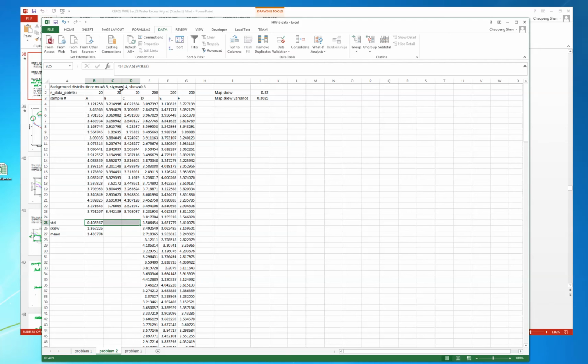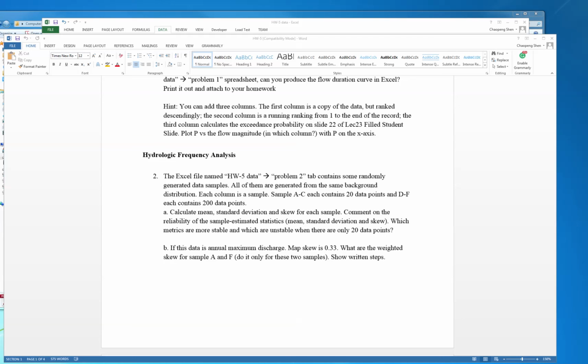It's supposed to give you back 0.4. It's supposed to give you back 2.4. Are these values reflecting that value accurately? Are these skews reflecting this supposedly 0.3 skew accurately? What about when you have more data points, like 200? Does the mean accurately reflect the supposed background mean? That's what I want you to comment on.